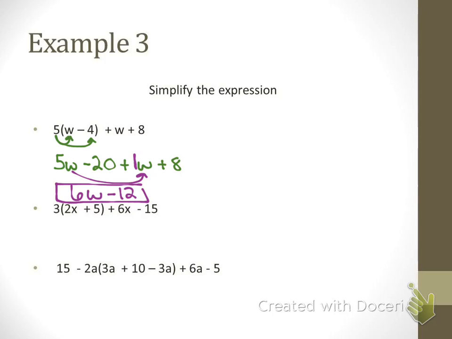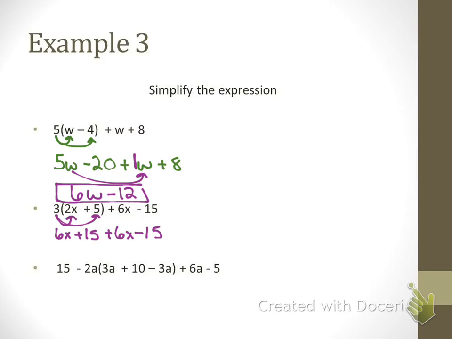3 times 2x plus 5 plus 6x minus 15. Okay, what's 3 times 2x? 6x. Very good. What's 3 times 5? 15. 15 plus 6x minus 15. All right. Well, did anybody catch something?